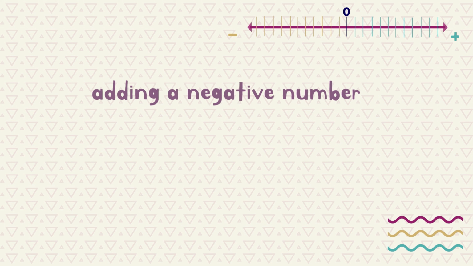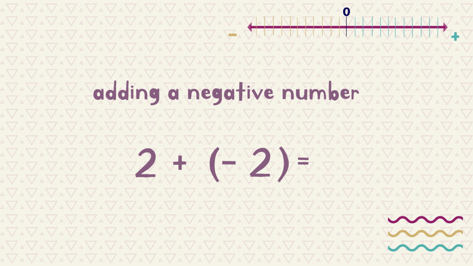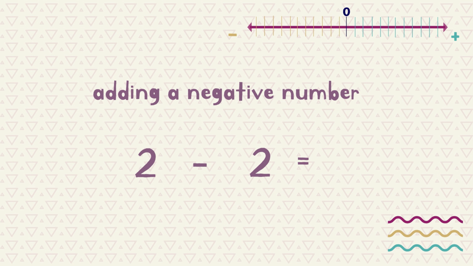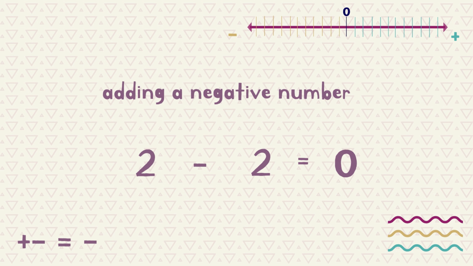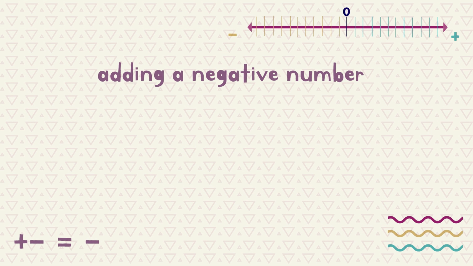Finally, let's explain how to add a negative number. Here we are adding a negative 2 to the positive number 2. Again, we are just subtracting 2, which leaves us with 0. This is because a negative and a positive together create a subtraction. If we look at this in terms of money, we start with £2 in our bank.